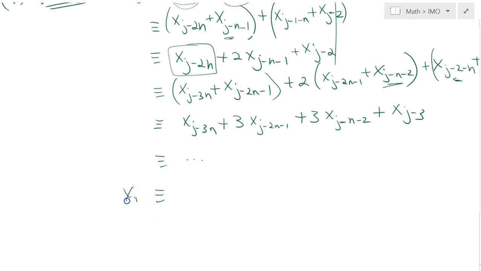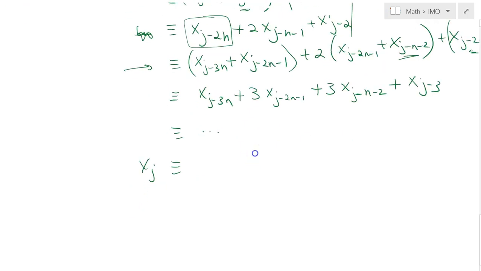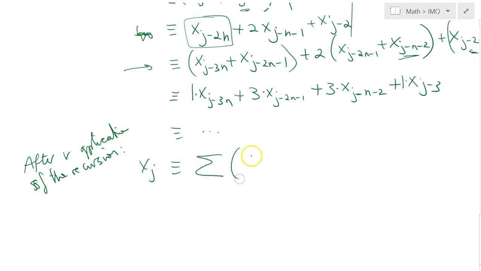So x sub j after r times, this is the first time, this is the second time, and so on. After r applications of the recursion, what do we have? X sub j. Do you see the binomial coefficients here? That can't be serious, but it is. So it turns out that this whole thing becomes like this.